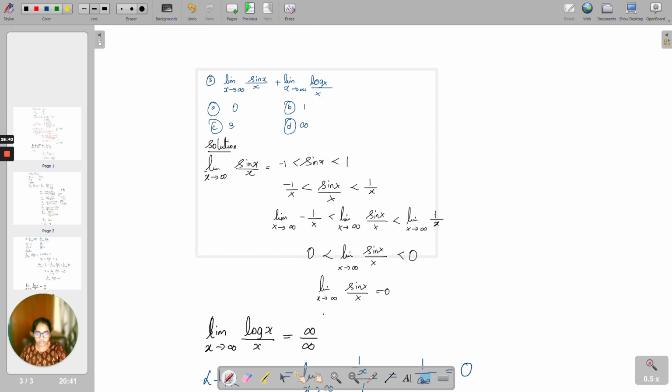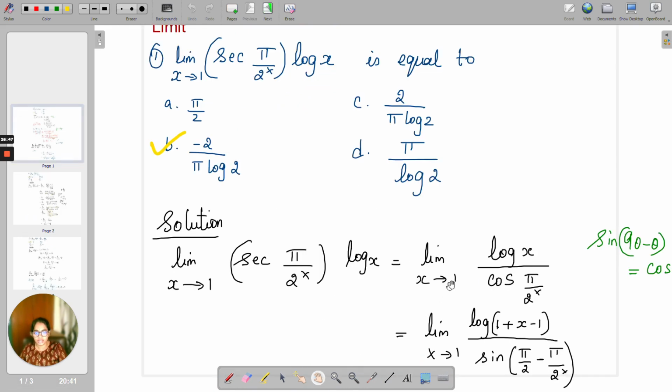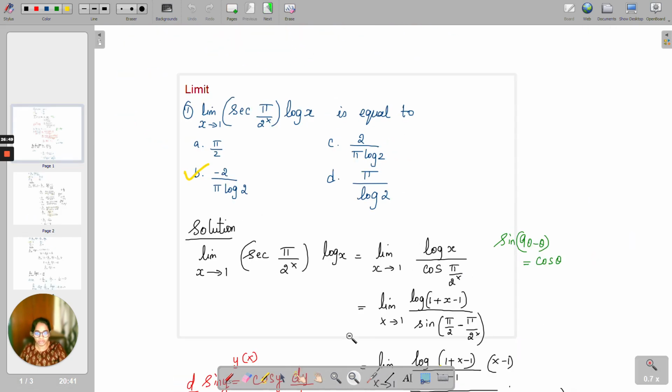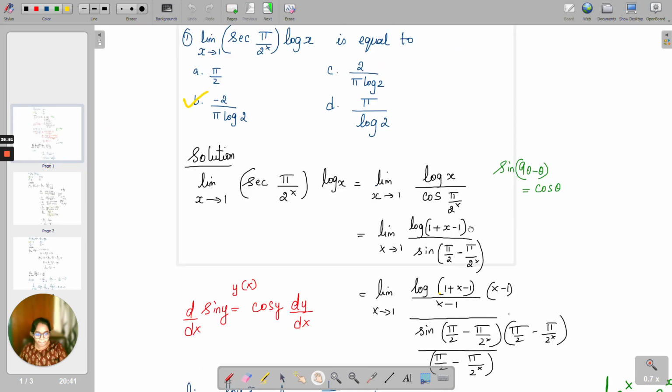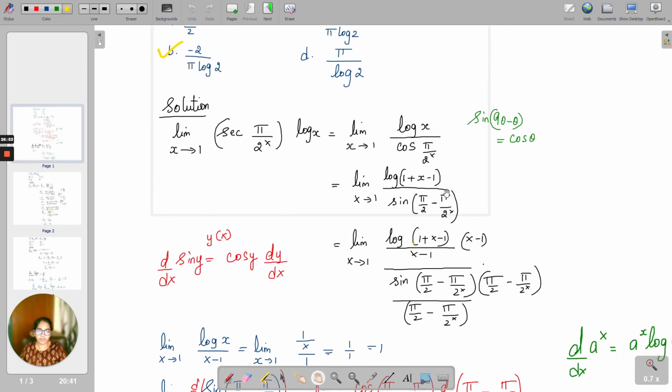So we solved 3 problems in this class. In the first one, what did we do? The reciprocal of secant was cos. Then we added and subtracted 1, and we multiplied and divided by the angle.